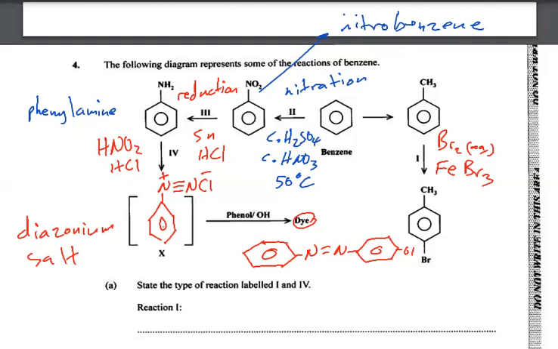But in general, bromine is a halogen, so halogenation. And reaction 4, do you remember what 4 is called? Diazotization.